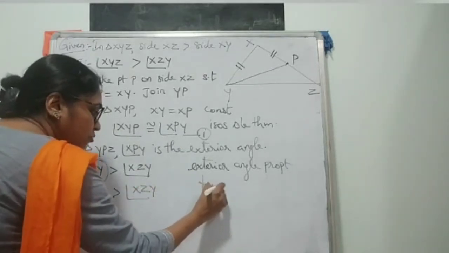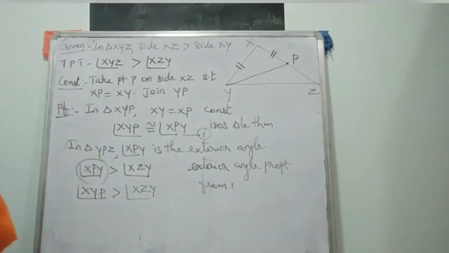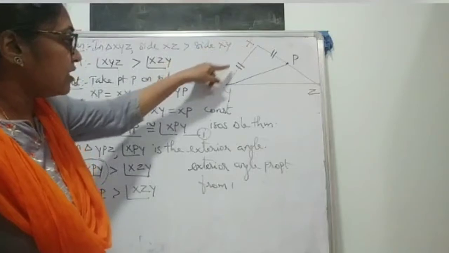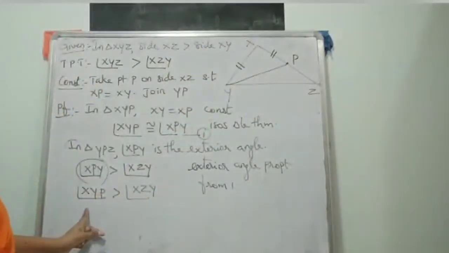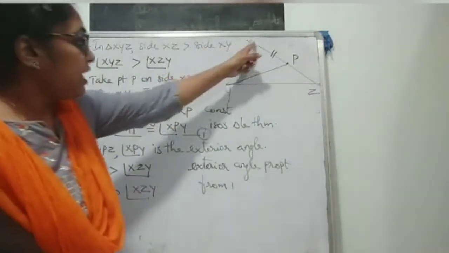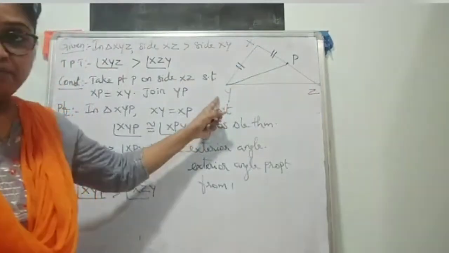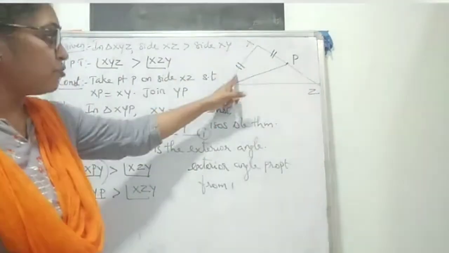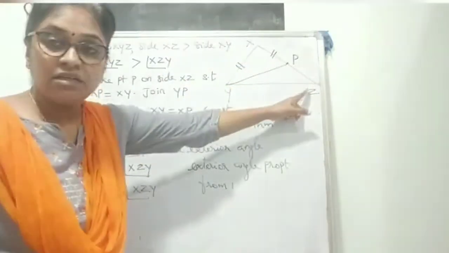The reason is from equation 1. So now I get a new equation. Just look in the figure. What did we get? Angle XYP is greater than angle XZY, so this portion is greater than angle Z.